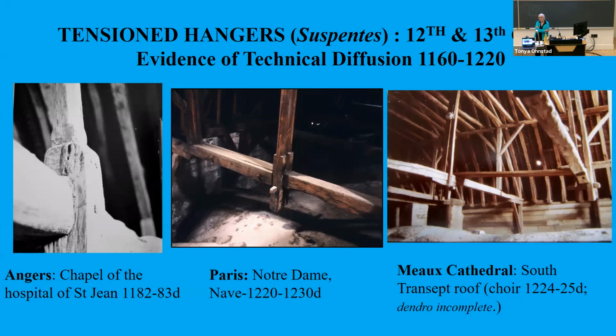It's a very weak piece of timber, but you see it's attached to the tie beam, a skinny tie beam, with vaults like at Boscherville put in later. They did some redesign of the chapel, but this is the original late 12th century, again roughly contemporary with the first version of the roof of Notre Dame.